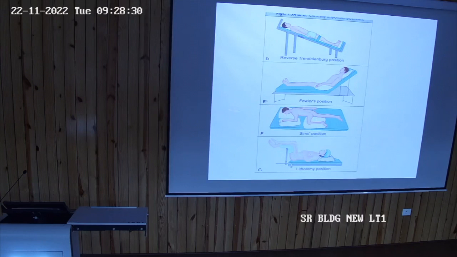So this position is required while doing a rectal examination or giving a rectal enema or whatever the condition requires. If the doctor wants to do a rectal examination, he will advise keeping the patient in the Sims position.